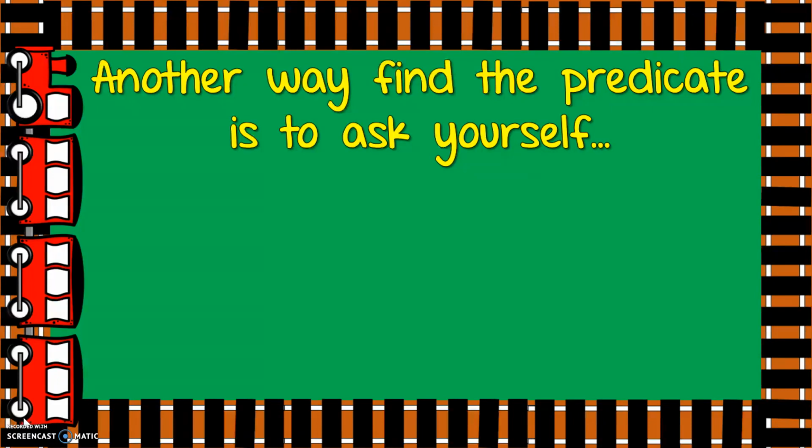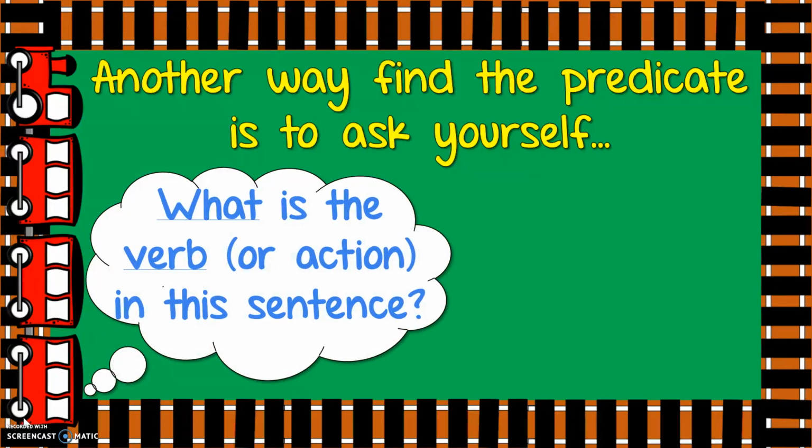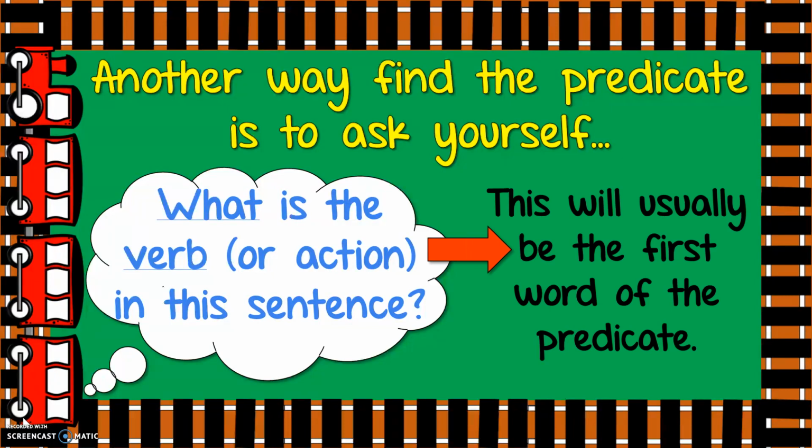Another way we can find the predicate is to ask ourselves, what is the verb? What's the action? What's being done in the sentence? This will usually be the first word of the predicate. That's our biggest hint. Notice in the sentence from before, the boy kicked the ball.